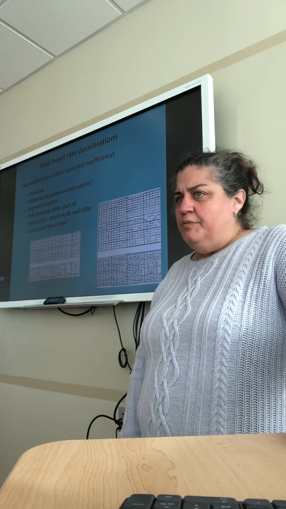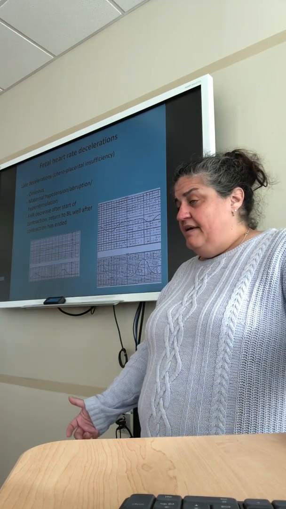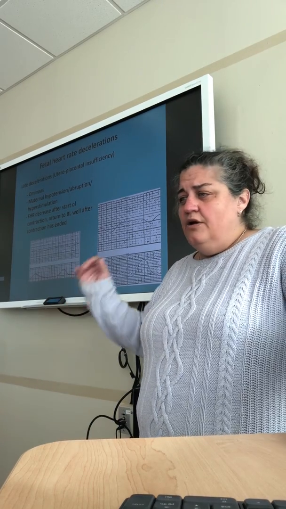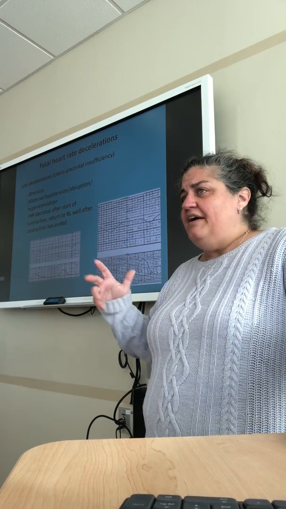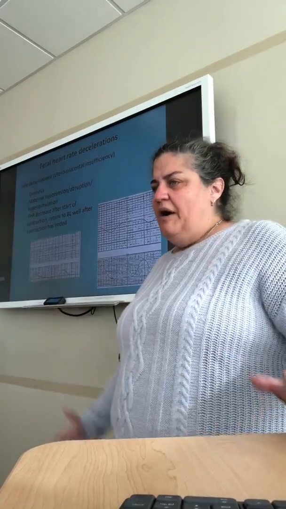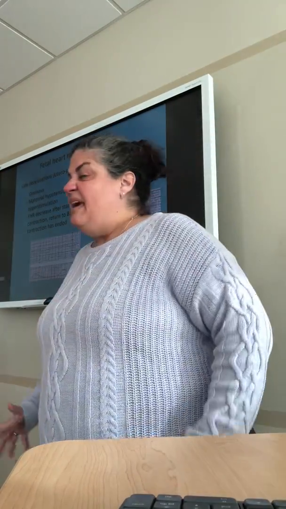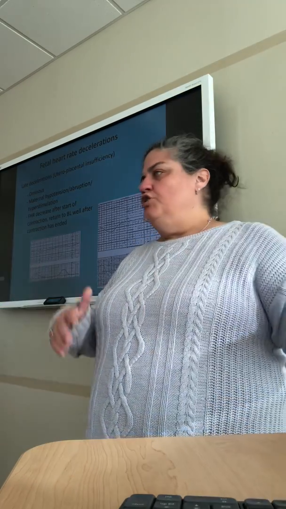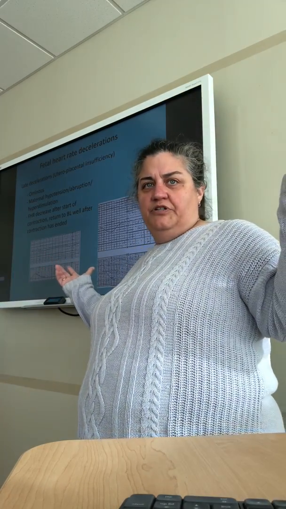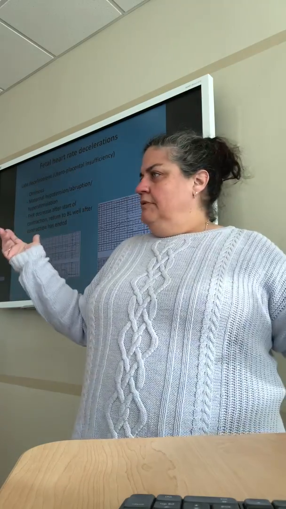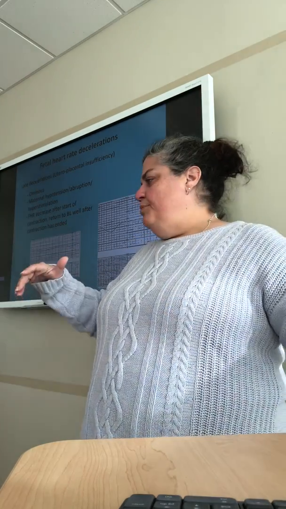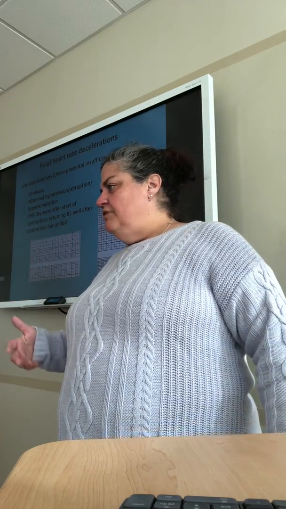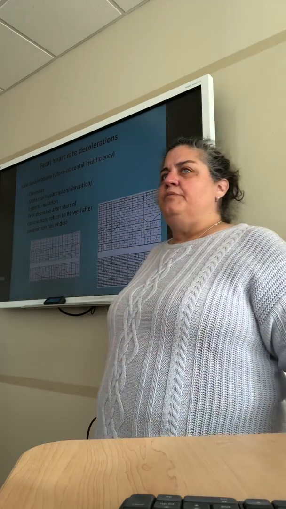I'm going to increase volume on mom so that maybe if she has just a slight decrease in volume, dehydration, anything, we're going to provide her with the optimal amount of volume so that maybe more will get to the baby. I'm going to turn mom, which is the easiest and probably first thing we should do, change position. Left lateral position is the ideal position for blood flow to the placenta, to the uterus, for some reason.